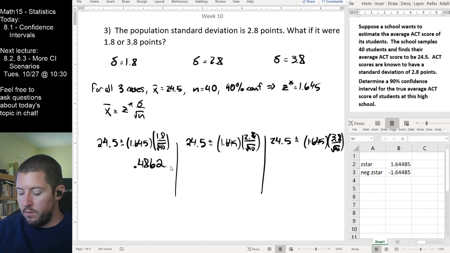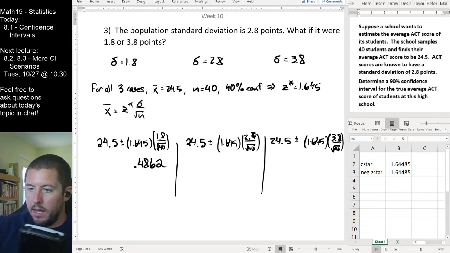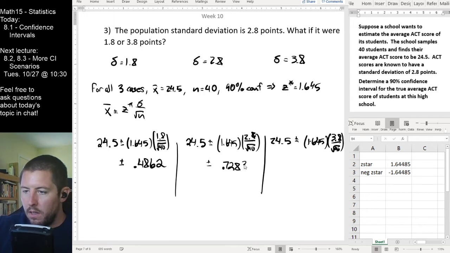On the next, 1.645 times 2.8 divided by the square root of 40, I'm getting 0.7283. That's the one that we already saw. And on the last, 1.645 times 3.8 divided by the square root of 40 is going to give me 0.9884.